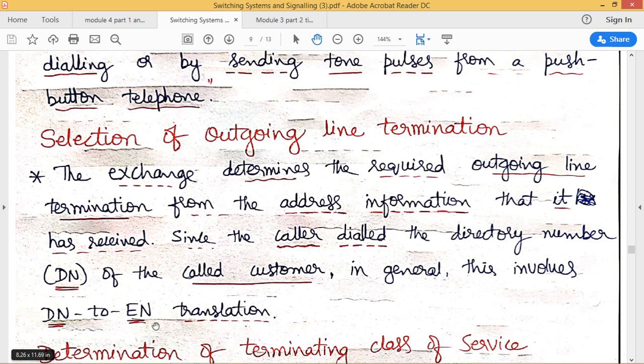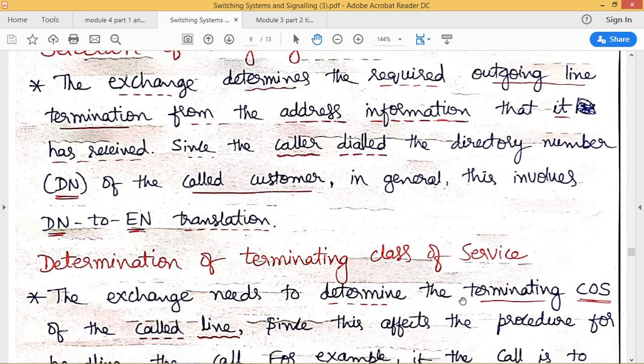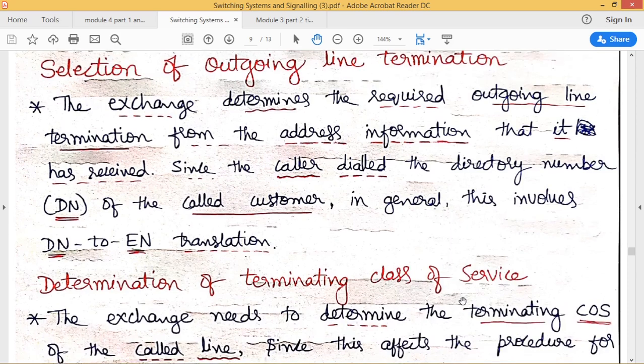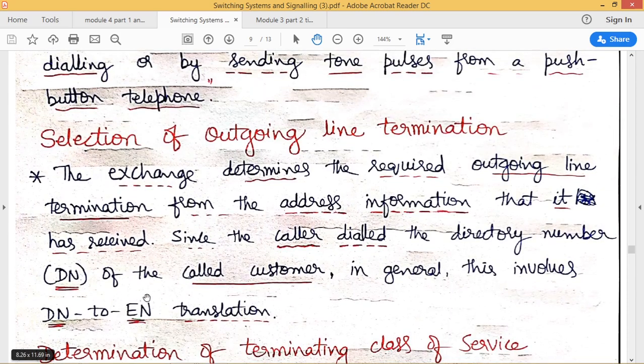Directory to EN translation is made inside a telephone exchange before the connection is made from the exchange to the called person, because the equipment number to whom the call should be made is available with the local exchange. So the telephone exchange makes directory to EN translation.